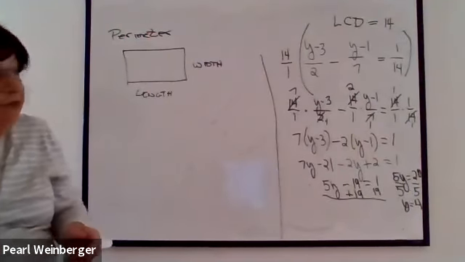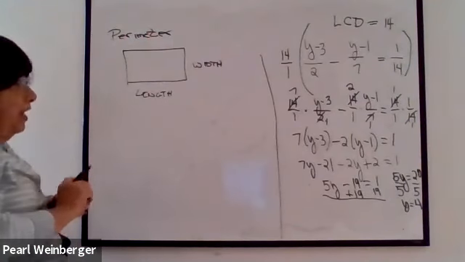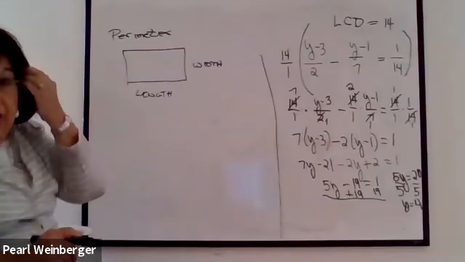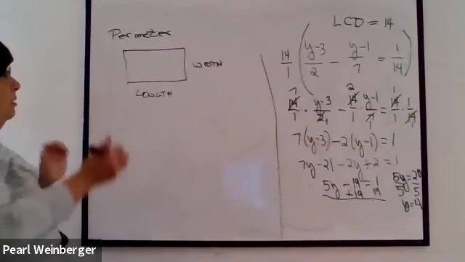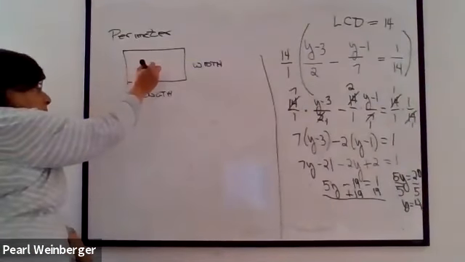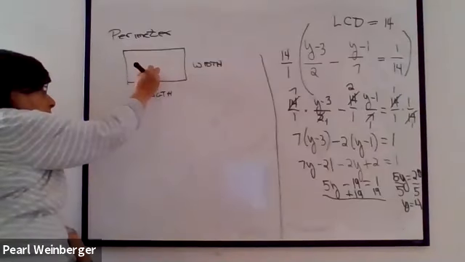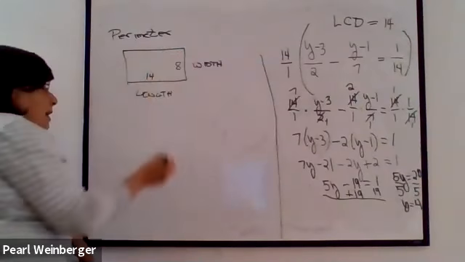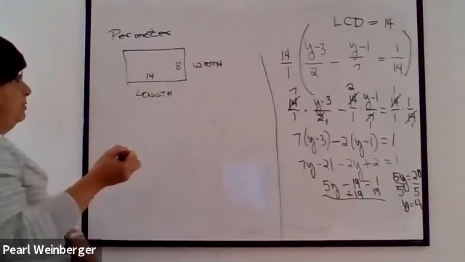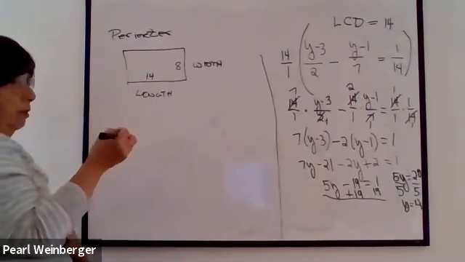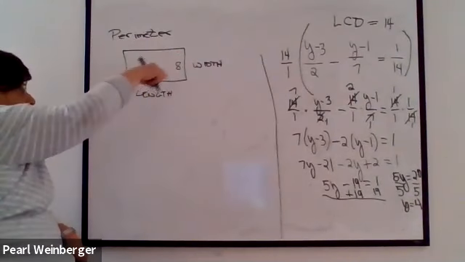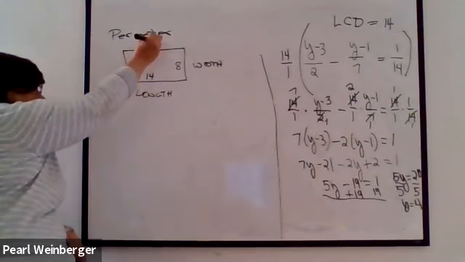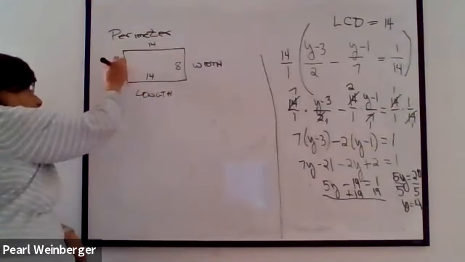Now, the easy way to find the perimeter of any figure is to simply add up all the sides. For example, if I told you the length of this rectangle is 14, and the width is 8, and I asked you what is the perimeter, I know that this side would also be 14, and this side would also be 8.